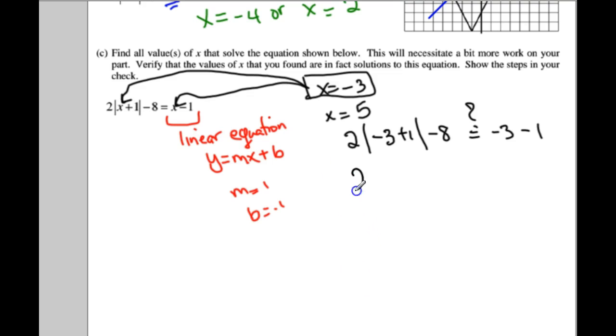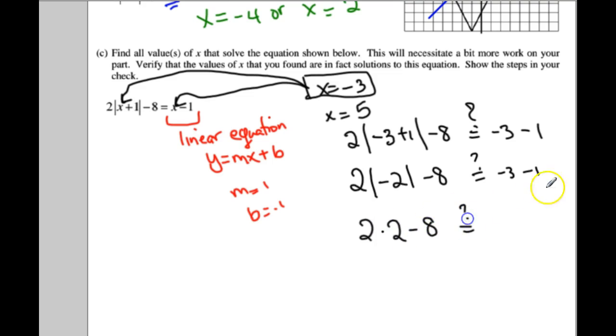So this becomes 2 absolute value of -2 minus 8. Is it really equal to -3 minus 1? This becomes 2 times the absolute value of -2, which is +2, minus 8. Is it equal to, this can actually be simplified to -4. Here we go ahead with PEMDAS.